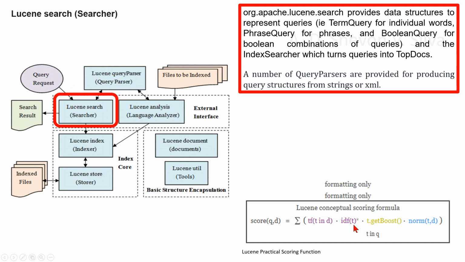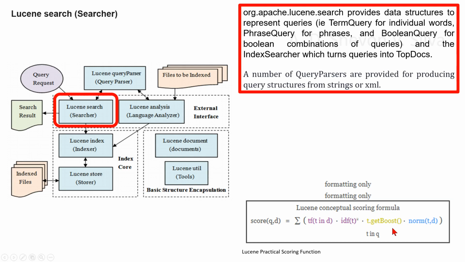The default computation for IDF T in classic similarity is IDF T equals 1 plus log of doc count plus 1, divided by doc freq plus 1.